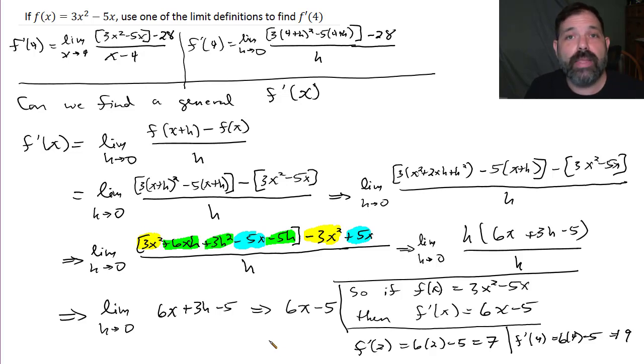Now, I could have gotten that same result using either of these expressions at the top. Either of those expressions should give me 19 if I've written them correctly.